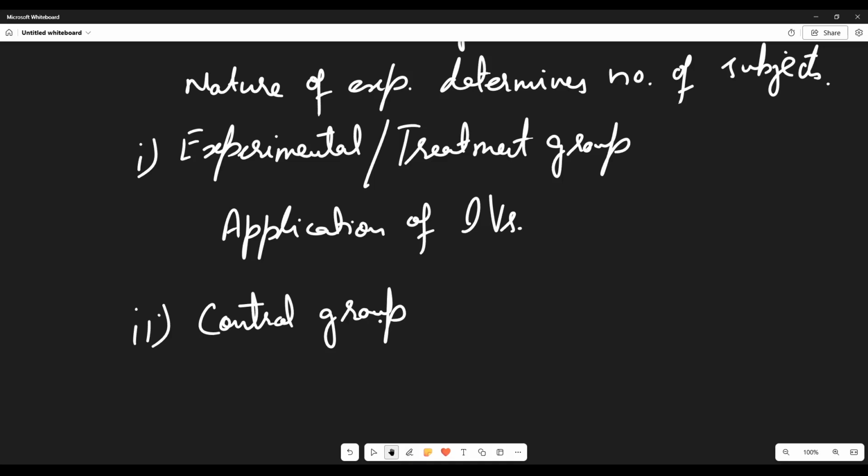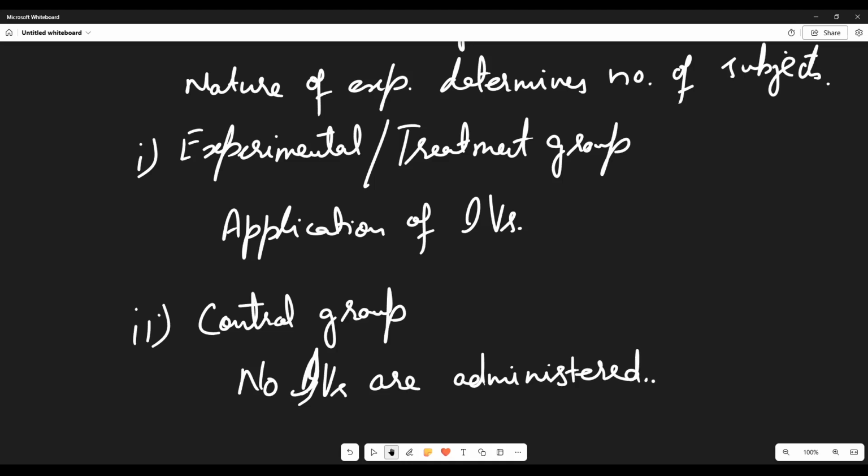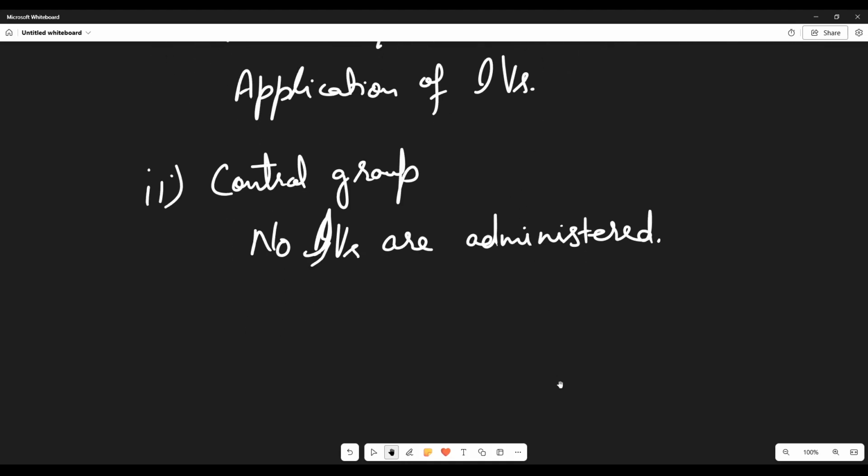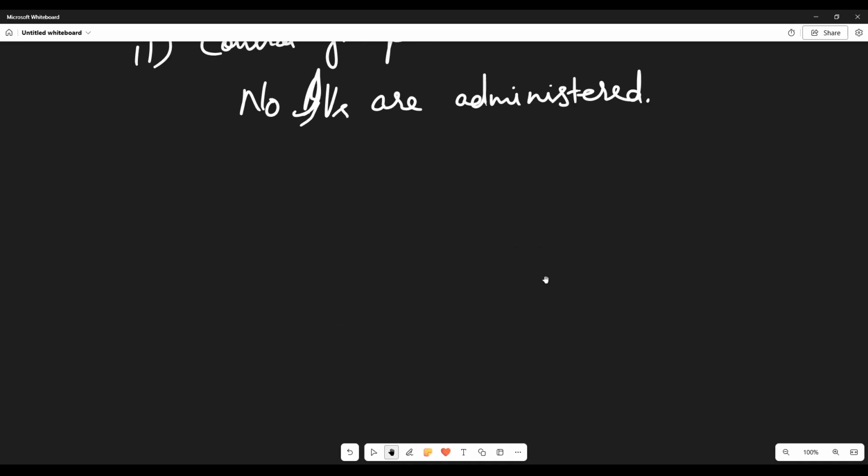This group of subjects does not receive any treatment, or no independent variables are administered on them. The difference in the results of both groups determines the effects of the independent variable.